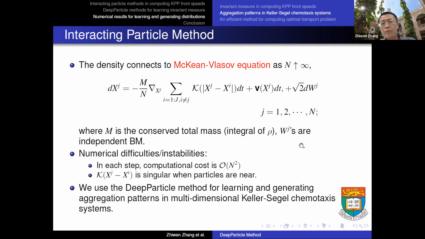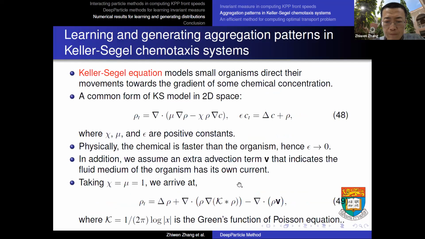So we use an expensive solver to get some training data, and we want to see whether the DeepParticle method can learn the dependence of this distribution on the parameter. The parameter can be time t, or the magnitude of this velocity.